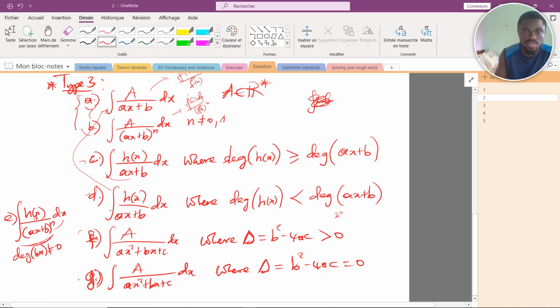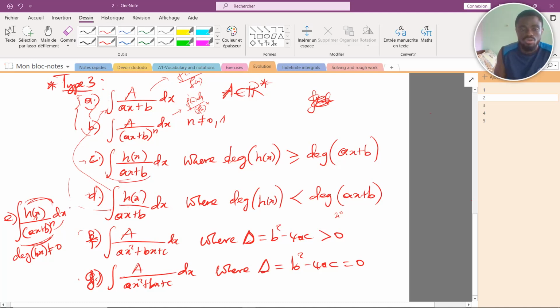I told you that this will be the same thing as this, because the degree of the numerator is 1, so necessarily the degree of this, if it is less than the denominator's, must be equal to 0, and as such this must be a constant. You understand? So this will be the same as integrating this. So we basically saw exercises where we had this situation and that situation.